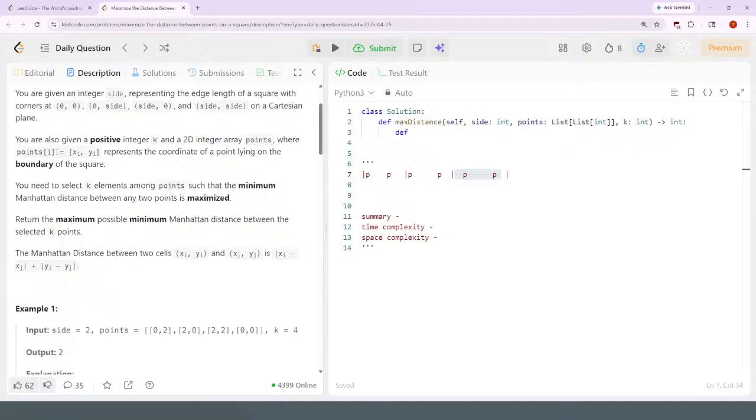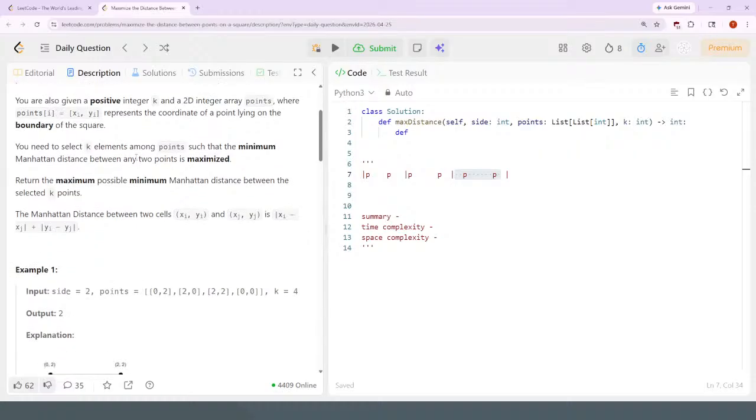Selecting K points. Return the maximum possible minimum distance. Maximum possible minimum distance.